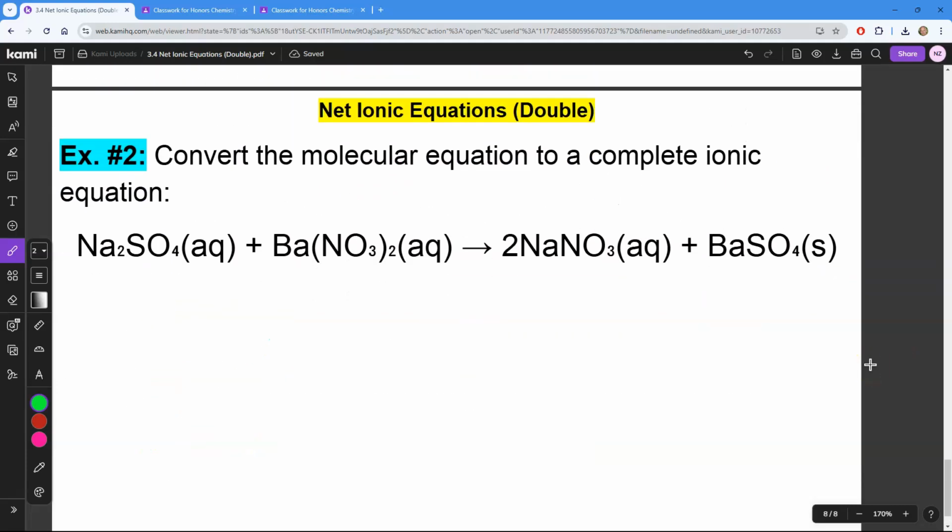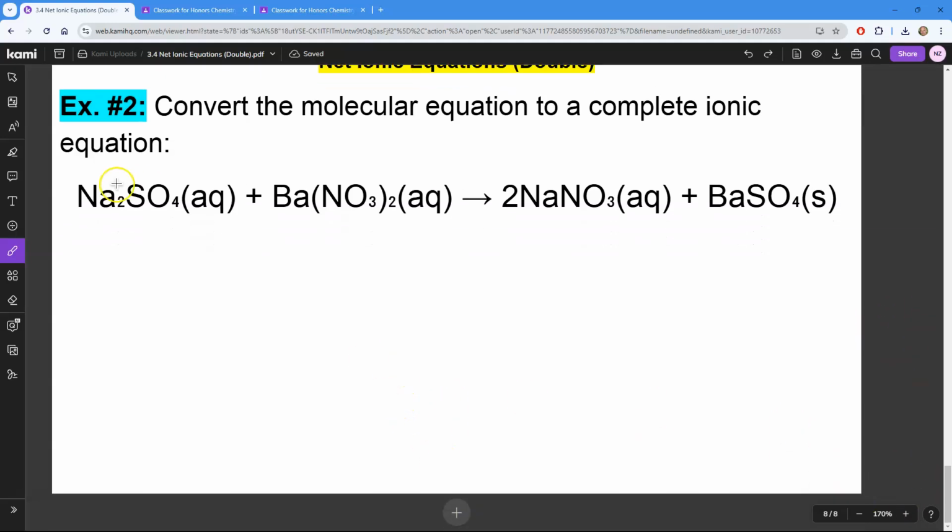Okay, let's take a look at this equation. Okay, so this one's going to be a little different. So we have some coefficients, and we also have some subscripts. Okay, so with net ionic equations, we are going to do something with these that's a little different. So again, this is our molecular equation. So our first step is going to be to go through now, and anything that's aqueous we're going to break up.